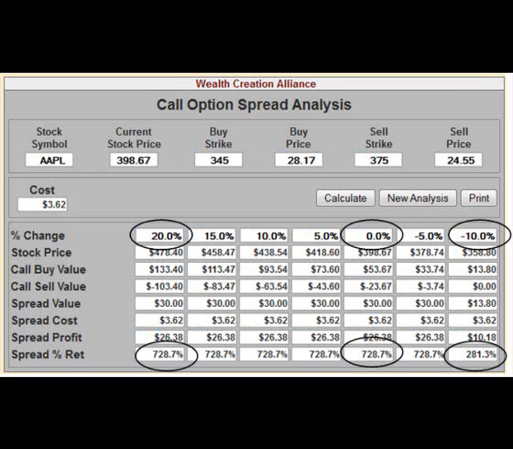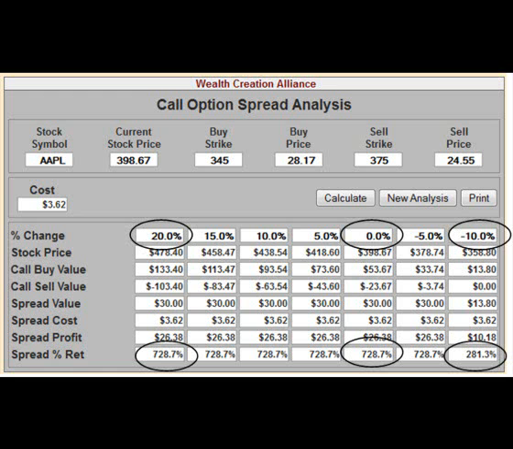This call option spread analysis calculates the profit potential for the Apple call option spread just mentioned. And the calculator will calculate the profit potential for the spread over a range of prices for Apple stock at option expiration, from a 20% increase in Apple stock to a 10% decline in Apple stock.